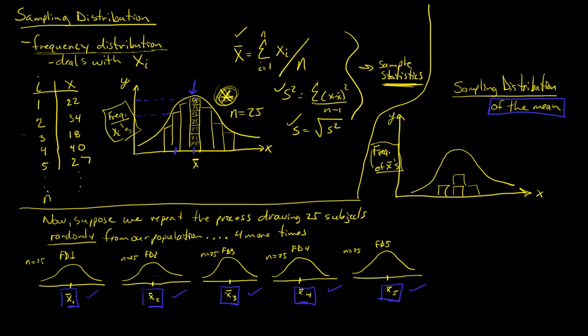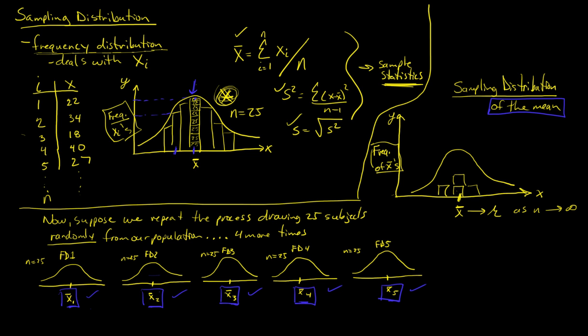Why is this important to us? Because we've only repeated this 5 times, but if we repeated this 10 times, we would expect the mean of the sampling distribution of means, the middle point, to approach mu as n goes to infinity.